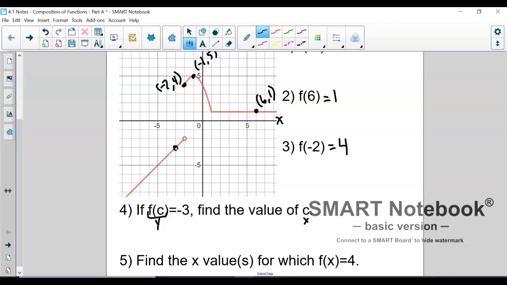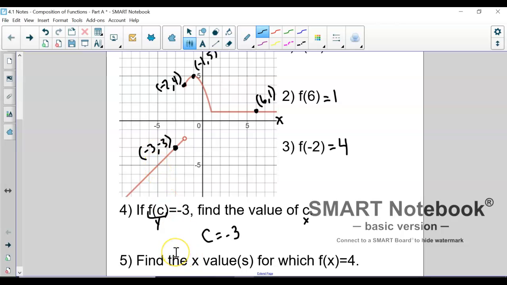We can see here the coordinates of this point are -3, -3. And so the x coordinate that goes with this would be -3. So that c value right here would be -3. Maybe not the best example since those numbers are exactly the same, but we're looking at that x right there, which is where we get that -3.